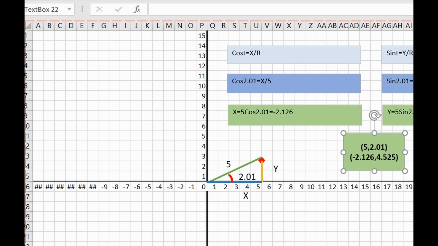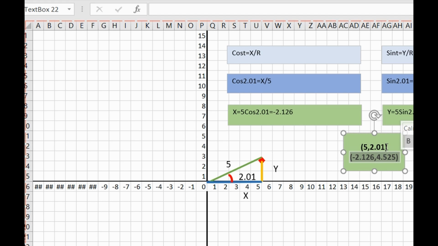So the final result will be minus 2.126, comma, 4.525. That is the final result.